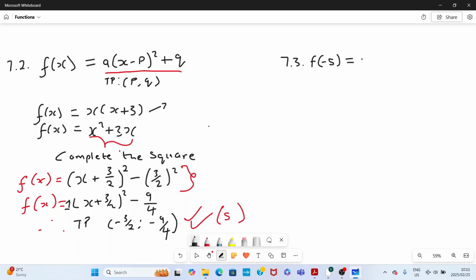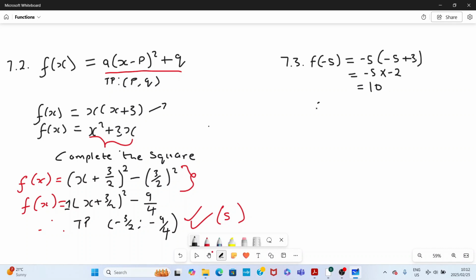So this is going to be equal to -5, then open bracket, then -5, then +3. So if you add -5 to 3, you get -2. So -2 times -5 gives you +10. So that's the y value, right?